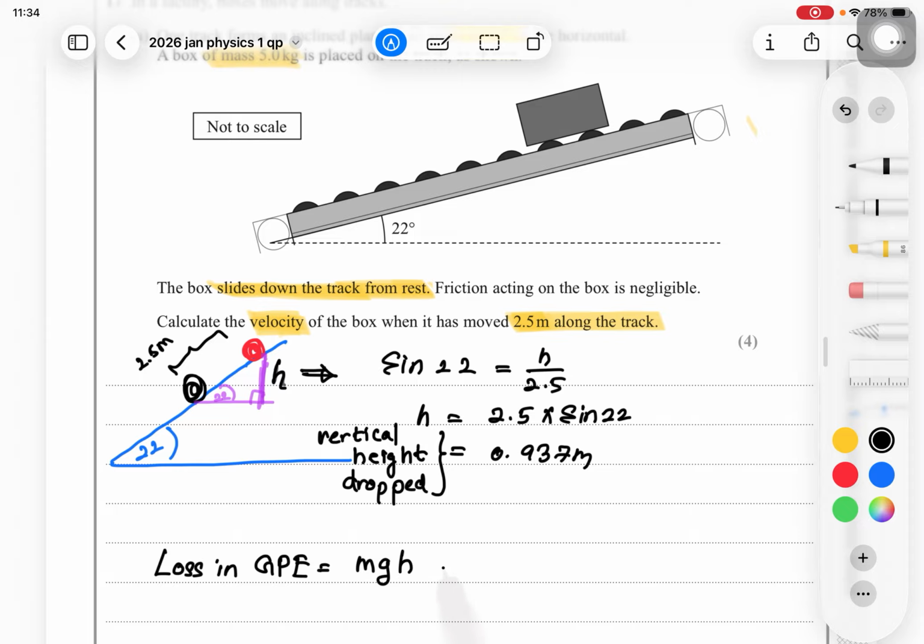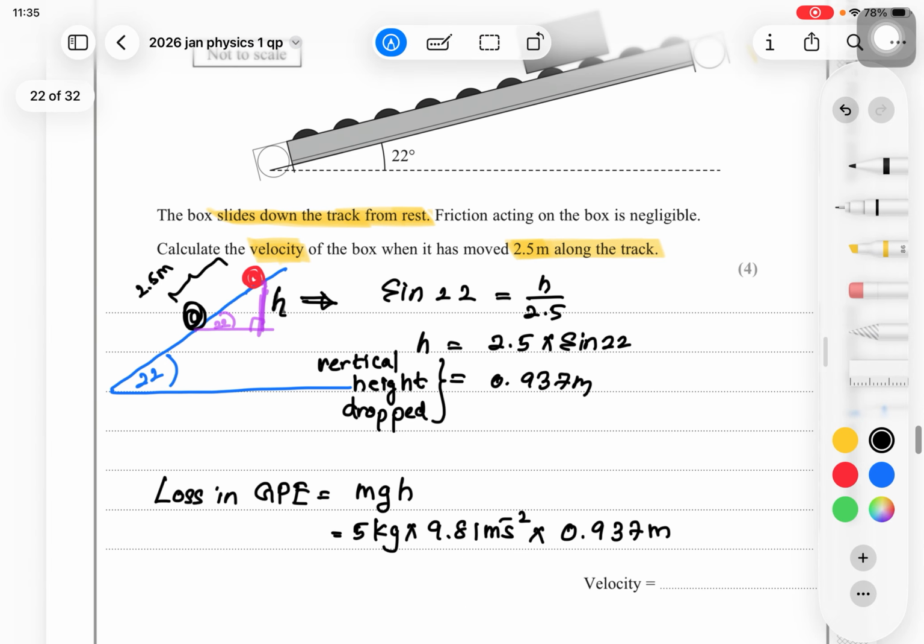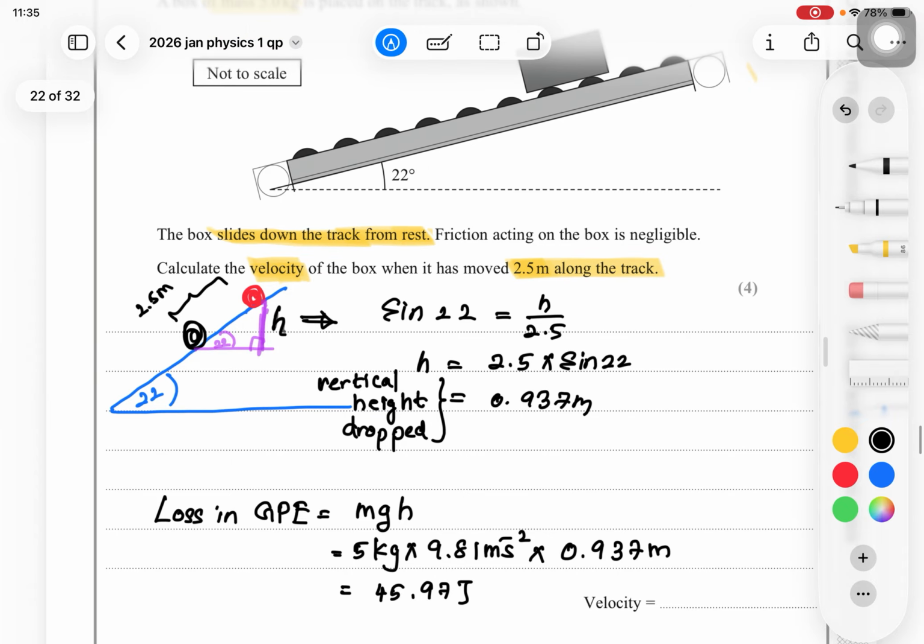So m is 5 kilograms, g is 9.81 m s^-2, and h is 0.937 meters. Now we get the value, which is 45.97 joules.